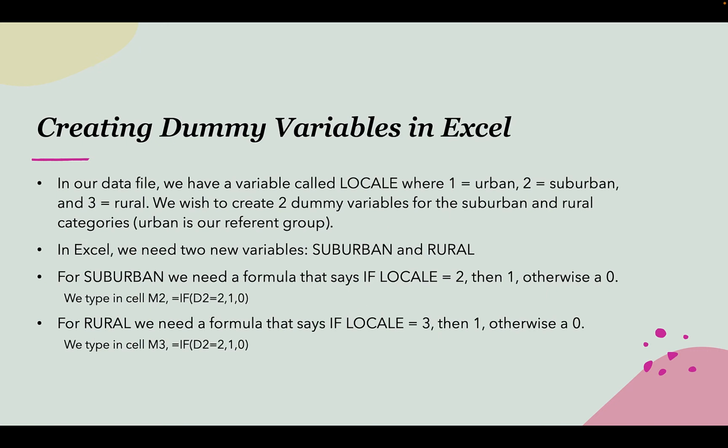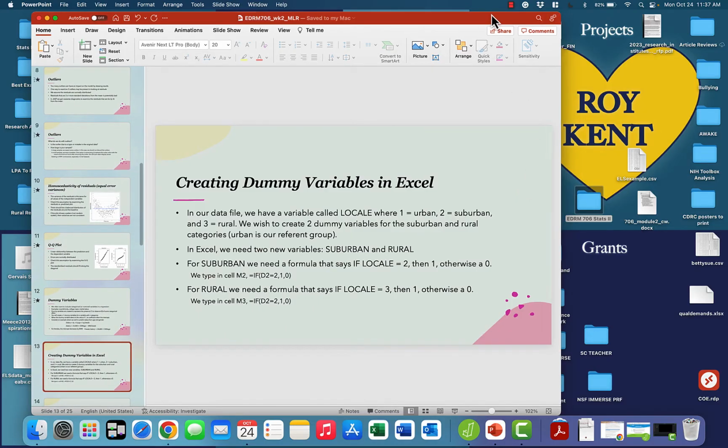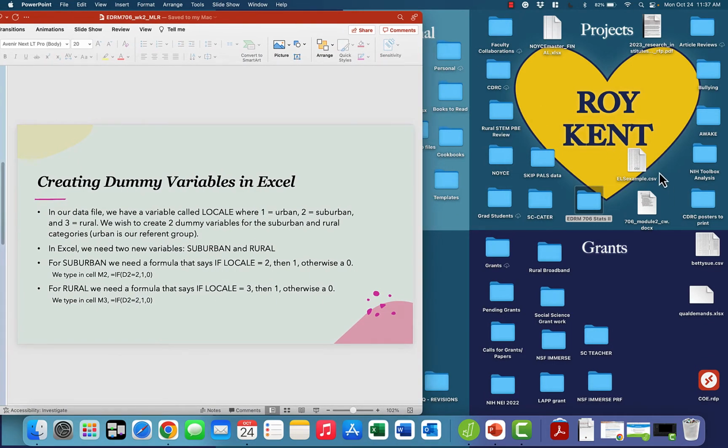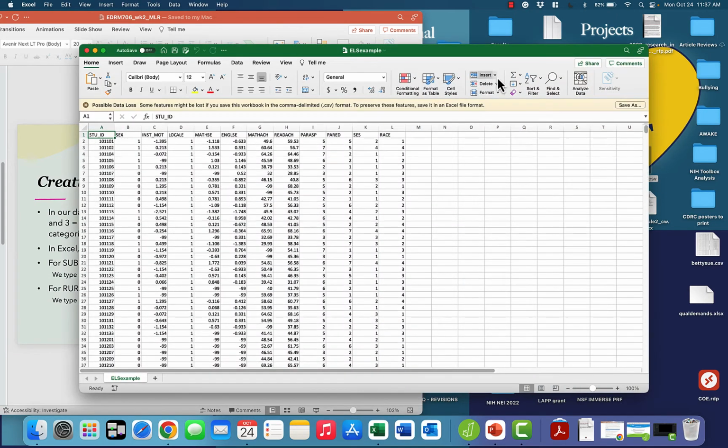How do we create dummy variables in Excel? In our data file, we have a variable called locale, and I'll pull this up here. I will move our PowerPoint over just a little bit, and I'm going to open our data set.